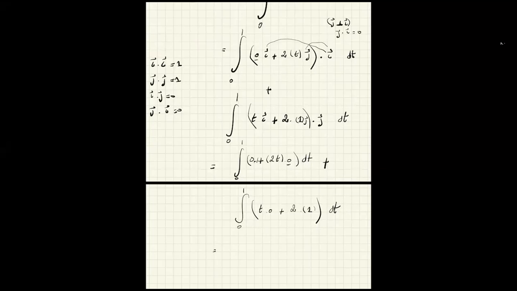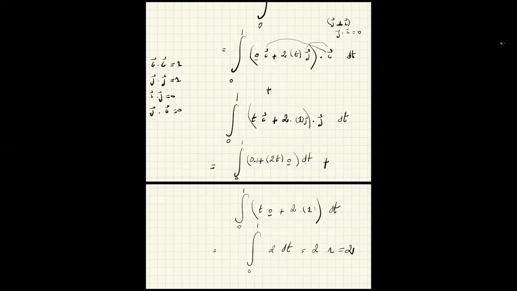And here is 1 because it's j times j. So it's the integral from 0 to 1 of 2 dt, which is 2.